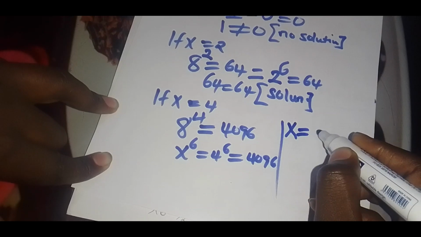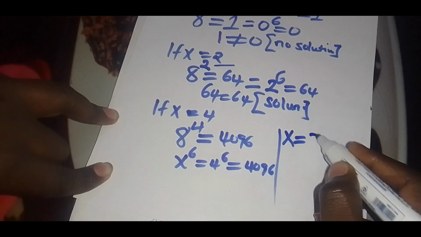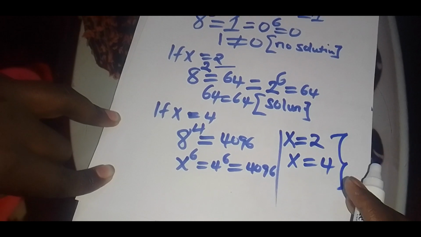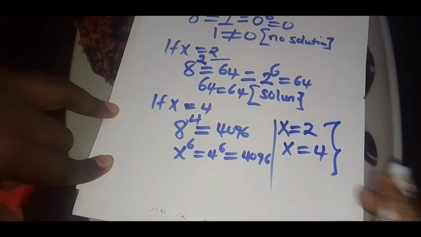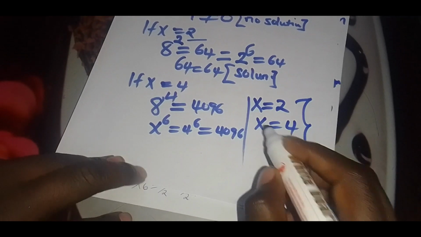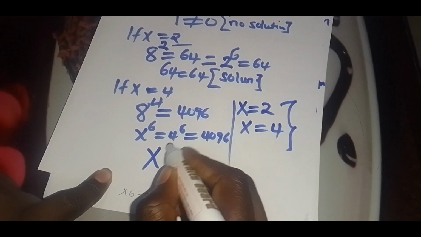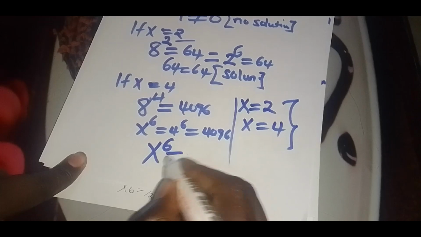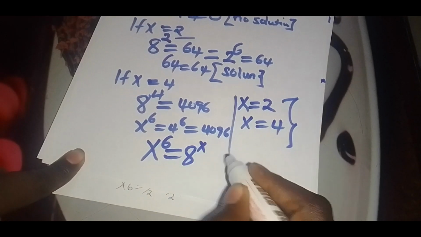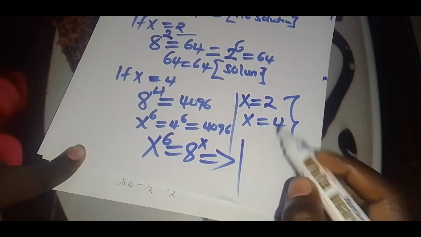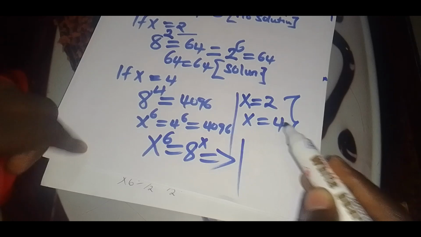That means x equal to 2 and x equal to 4 are the two solutions to our equation, that x raised to the power 6 is equal to 8 raised to the power x.